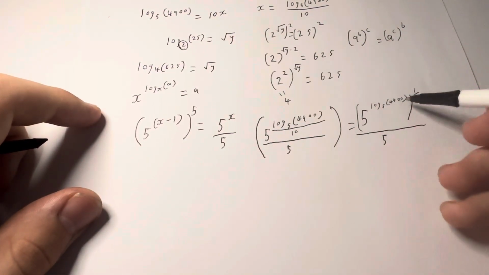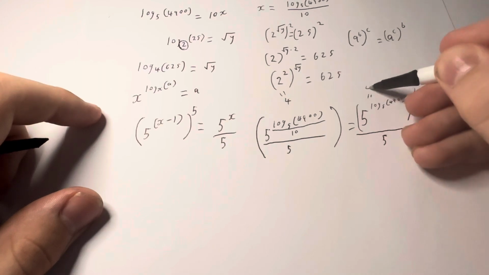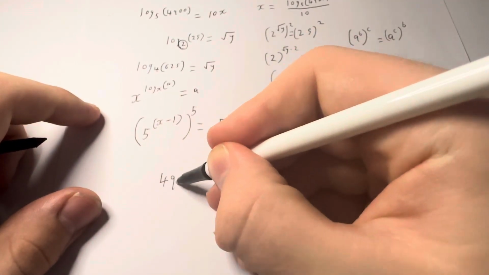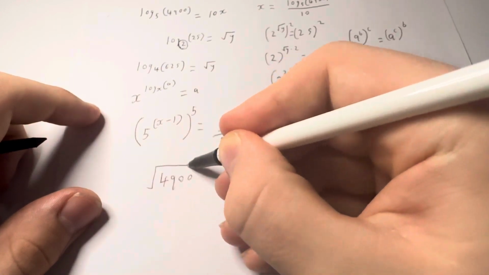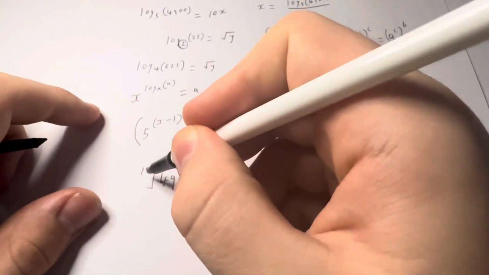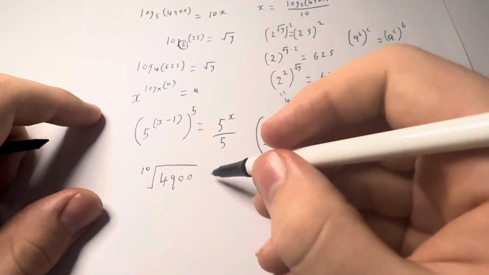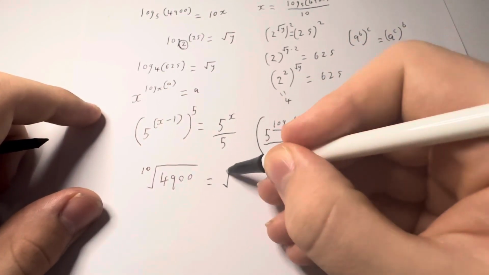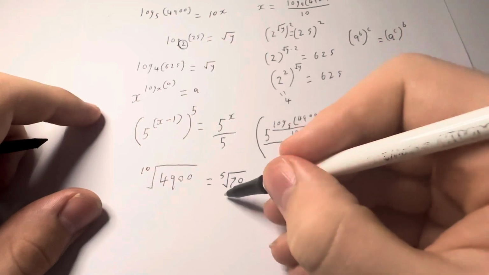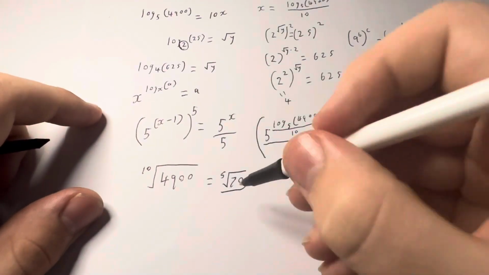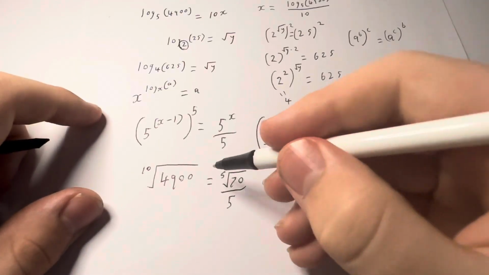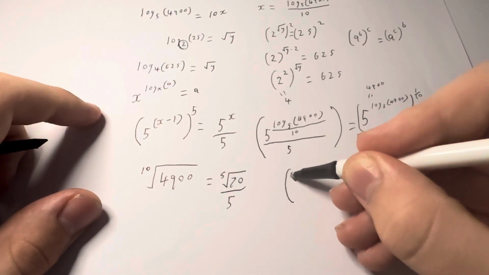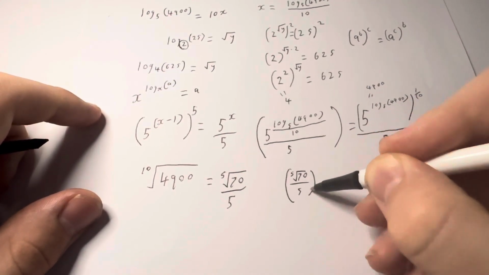Okay, so we know that this will give us 4,900, and it's to the 10th root. So we know that this is 5th root of 70, and then we have that divided by 5, and then we're going to have that in all to the 5th power.